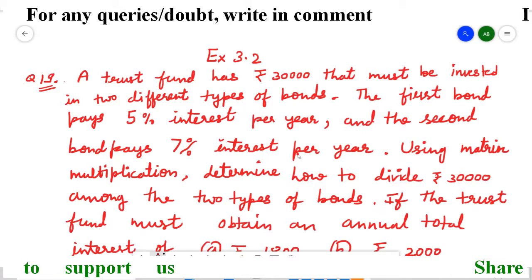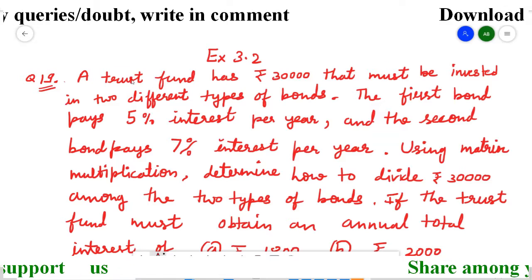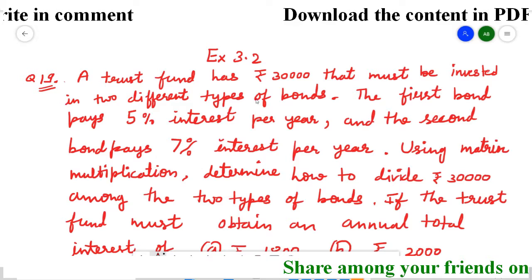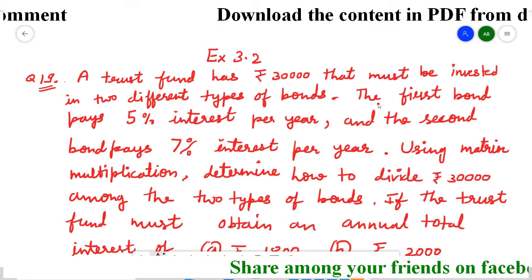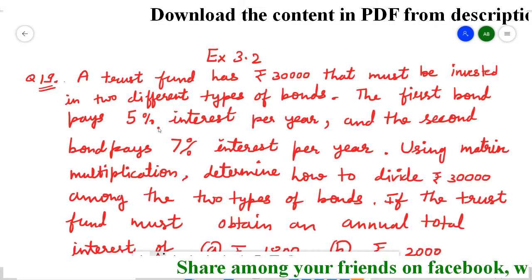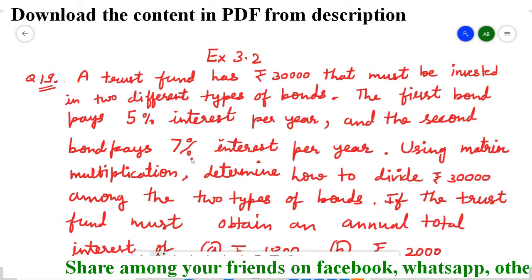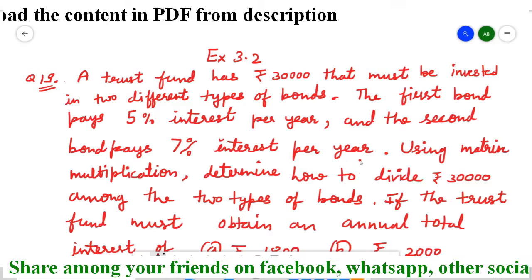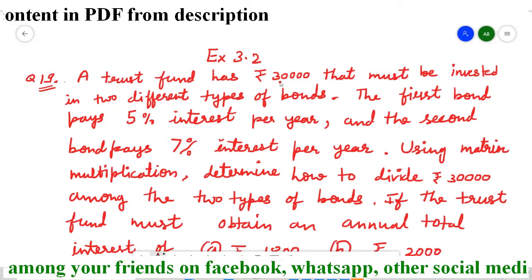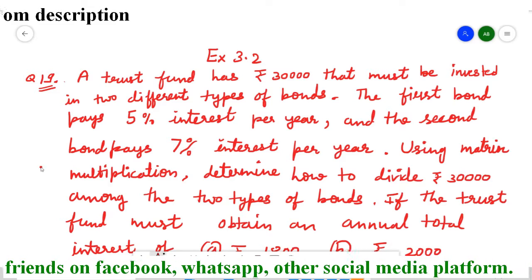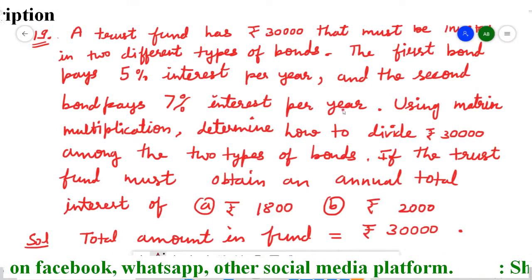So up to here we understood that the trust has rupees 30,000 and wants to invest it in two bonds in such a way that the first bond will get an interest of 5% and the second bond will get an interest of 7% per year. So in this way they want to split this 30,000 in two parts to get the interest.